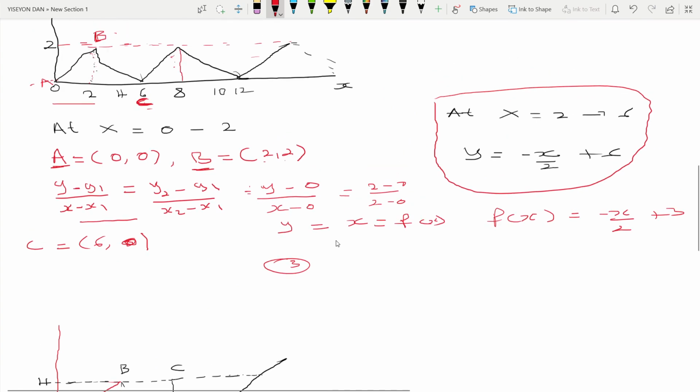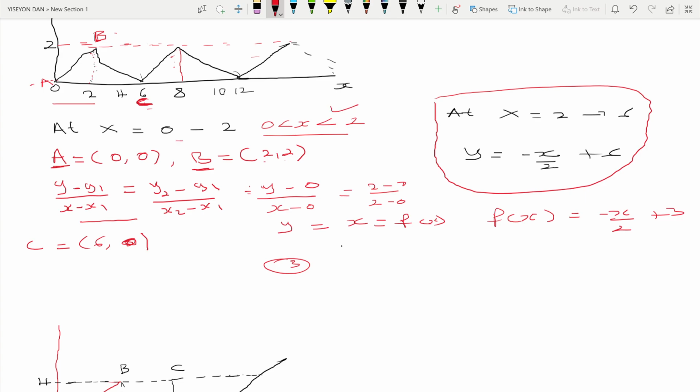These points that we have here, we can rewrite 0 to 2 as the range 0 less than x less than 2. So this is the range at which we have the value of f of x. So either you write it like this, or you write it like this.